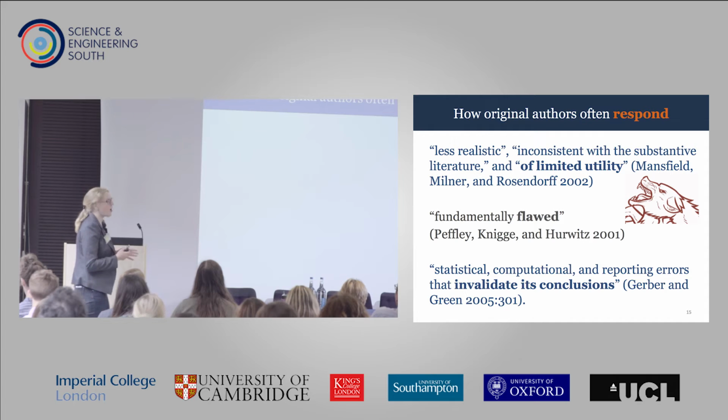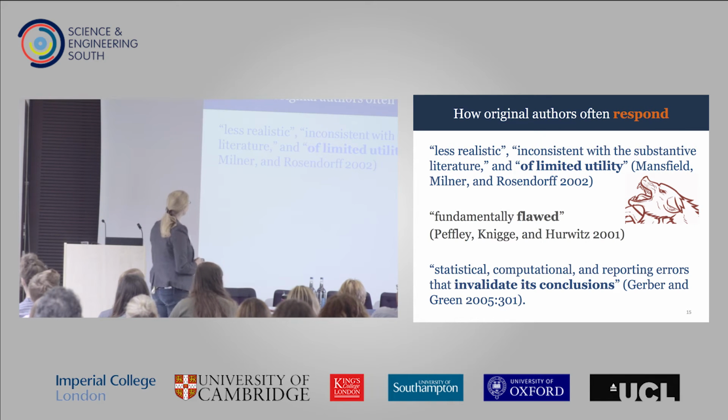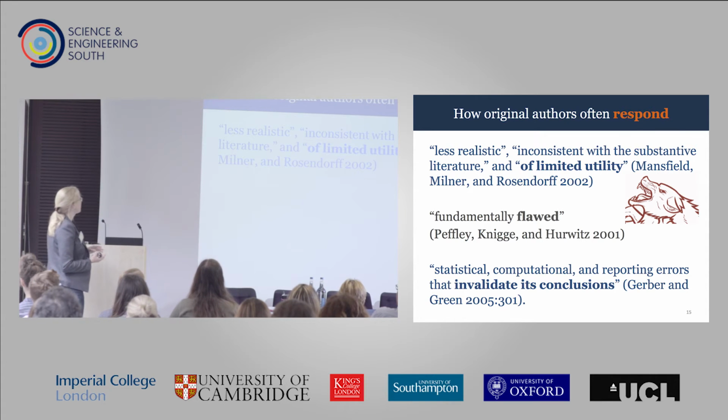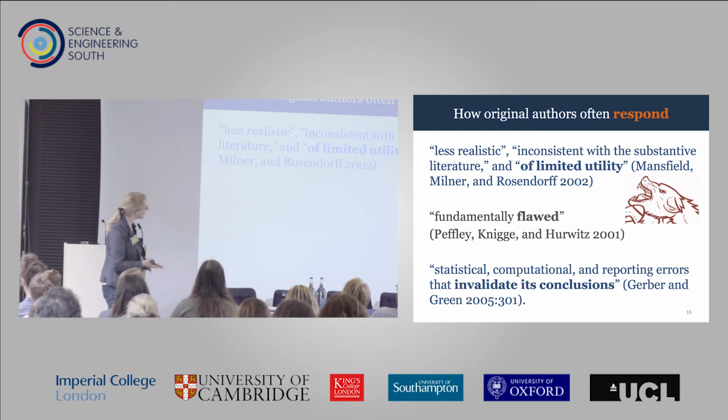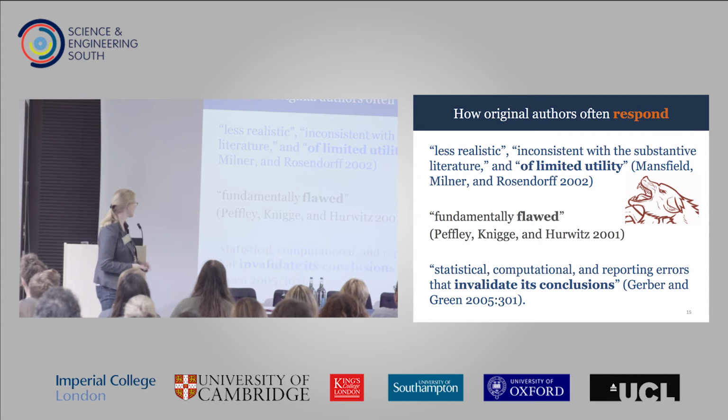Now, often the original authors respond back, maybe in the same issue or in a comment in the next issue of the same journal. So, for example, these are the original authors: the replication study is less realistic, inconsistent with the substantive literature and of limited utility. The replication is fundamentally flawed. It's a different paper.